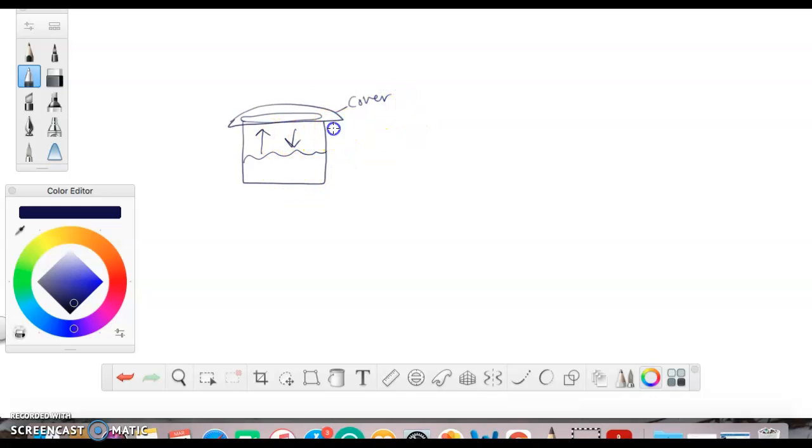So we will get a build-up of vapor pressure here. However, whenever this vapor pressure equals the atmospheric pressure, or the pressure out here, then that is what is boiling. That is what boiling point is.